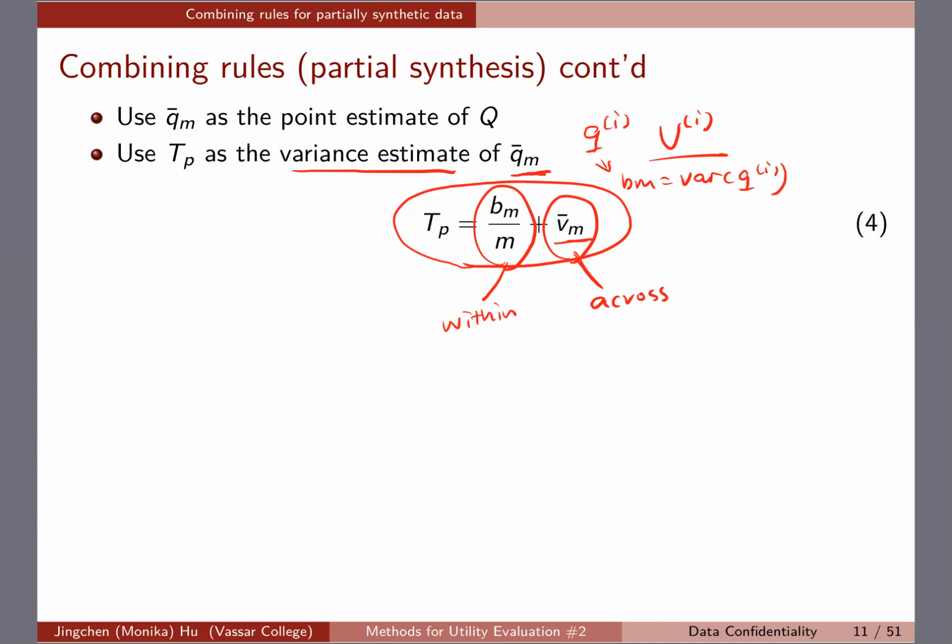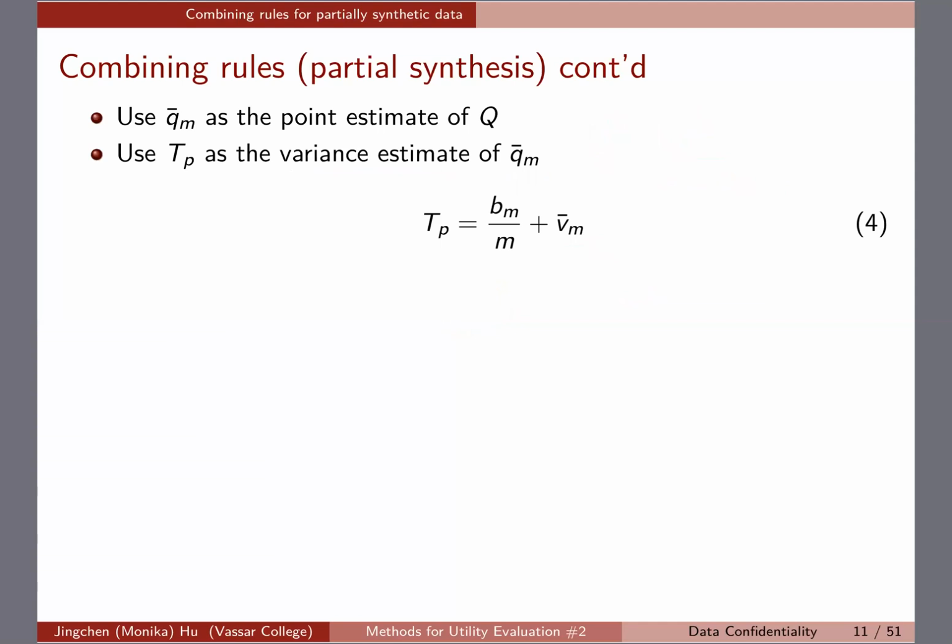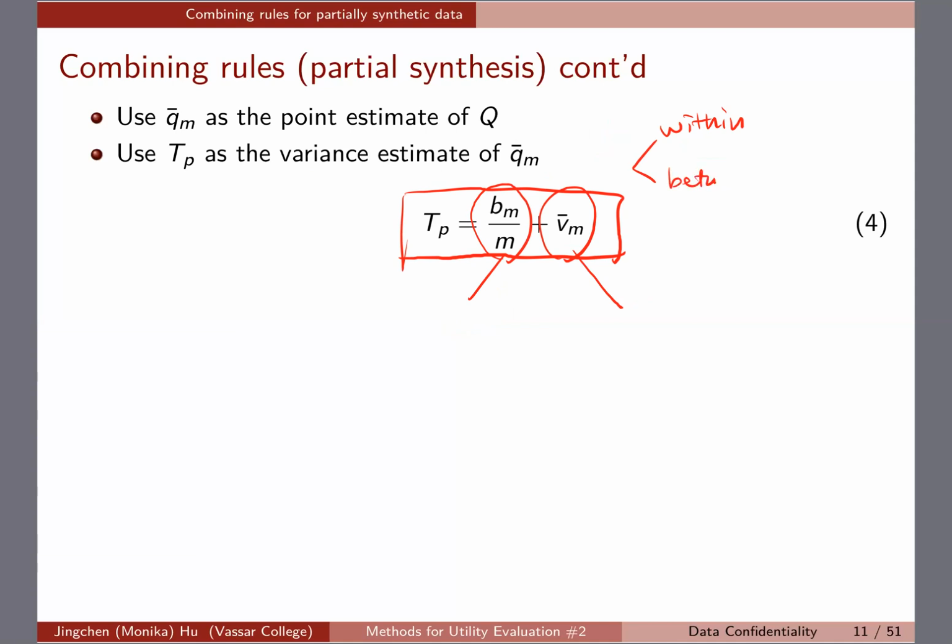Let me just restart on here. If I look at this setup, I was saying that the variance estimate has 2 parts. My question for you is, which one is the within and which one is the between?